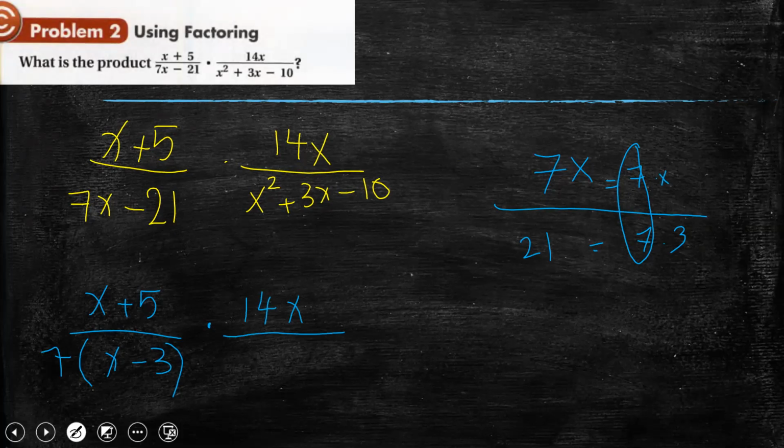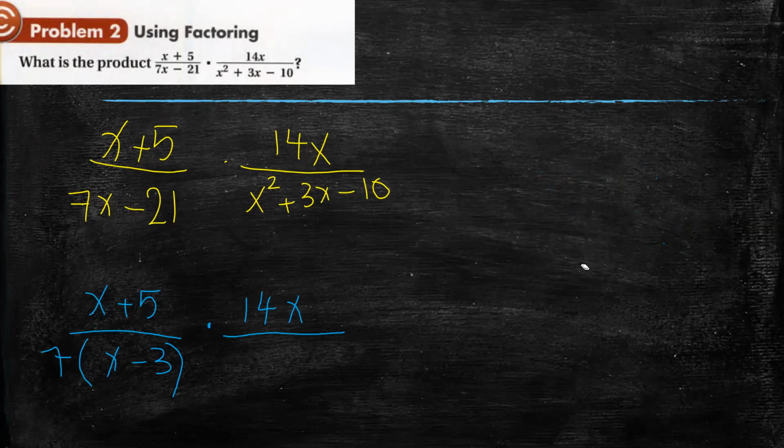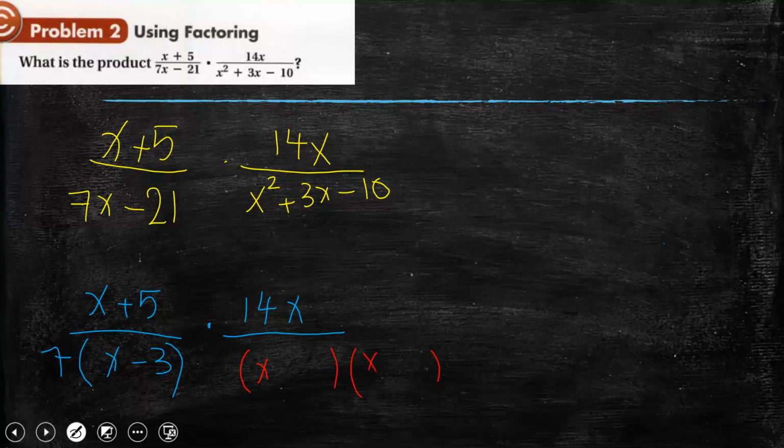Now, let's go to the second one here. We have x squared plus 3x minus 10. We can factorize it into x and x. Since I have a negative sign, one is negative and one is positive.